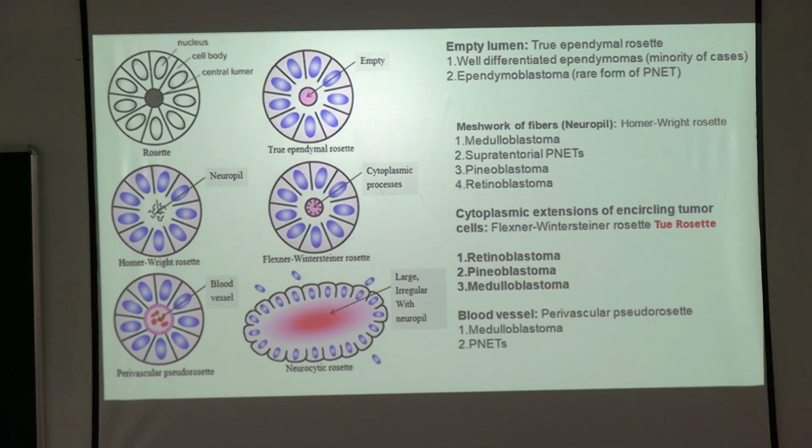These are some pictures of rosettes where the tumor cells are arranged. If it is around the empty space, that is true. Other than neuropil, blood vessels or cytoplasmic processes, these are false rosettes or pseudo rosettes. Homer-Wright rosette, as Wright is not right, is a pseudo rosette.